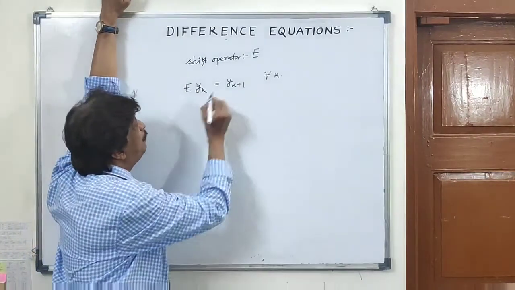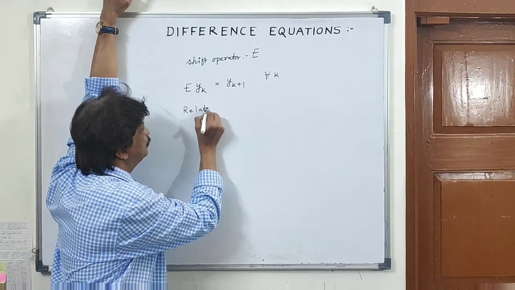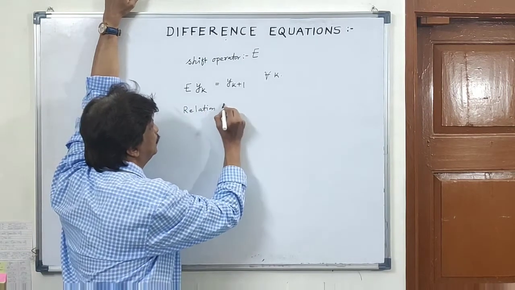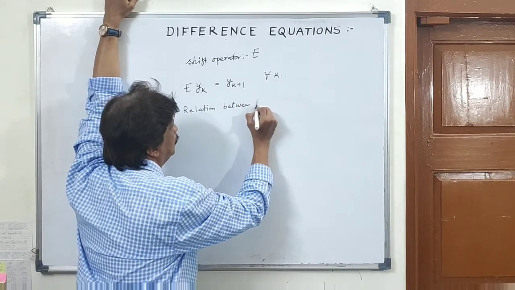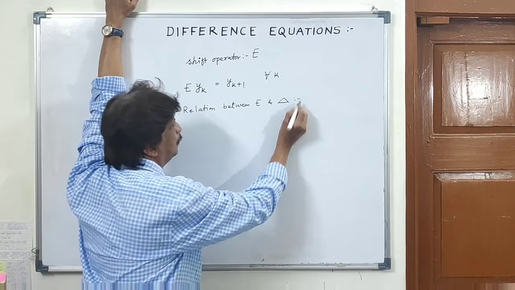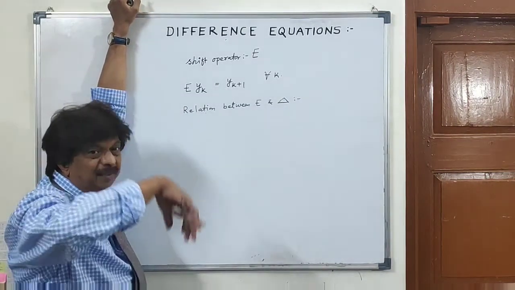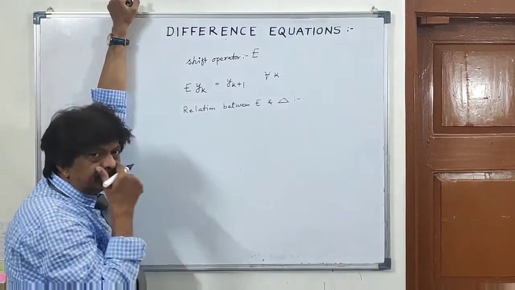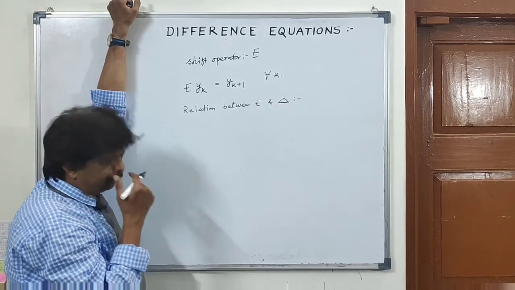Now the relation between shift and delta: E is equal to 1 plus delta, or delta is equal to E minus 1. Let us establish this relation between E and delta.